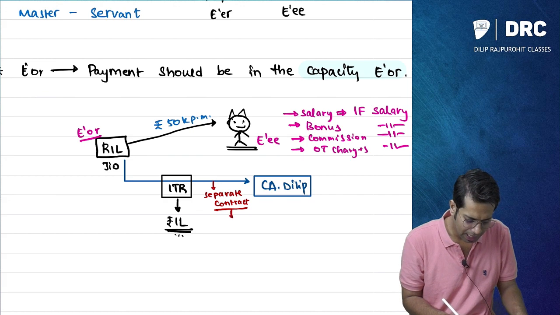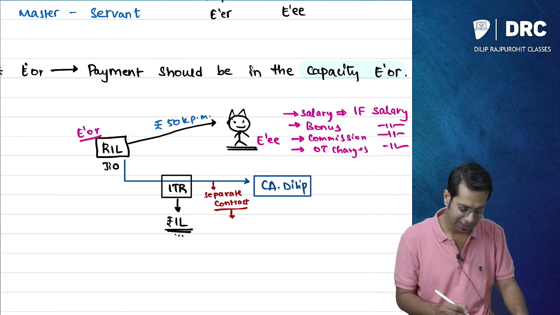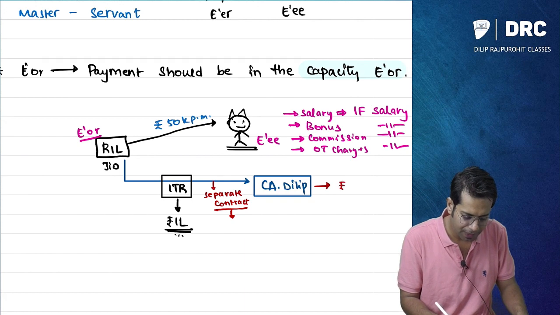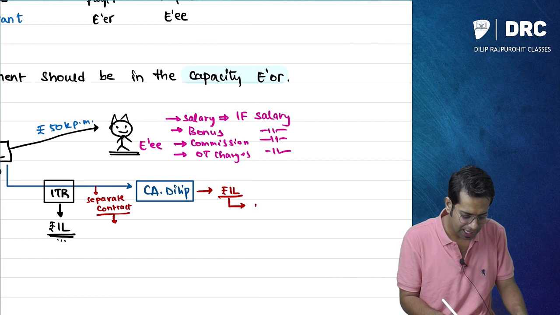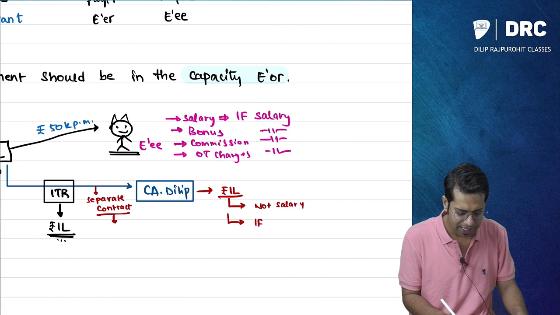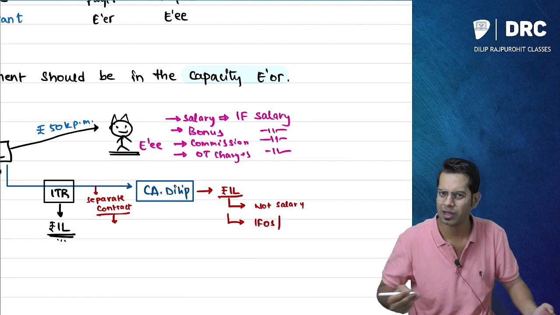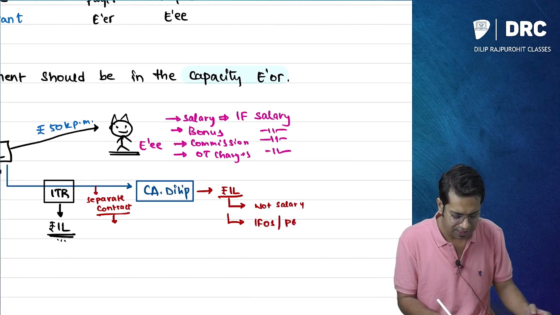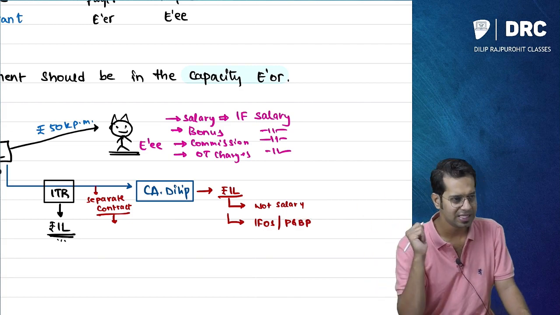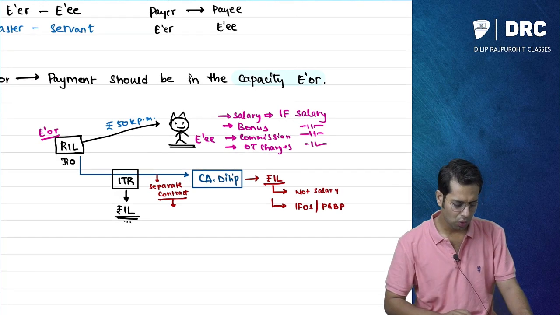Therefore, the amount which I am going to receive, this 1 lakh rupees paid by Reliance Industries to me, will not be treated as salary. Then, sir, under which head will it be taxable? It can be taxable either under the head income from other sources, or if it is my business or profession, it will be taxable under PGBP. So what is important to be noted over here?